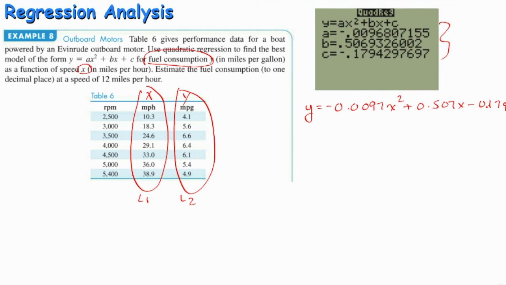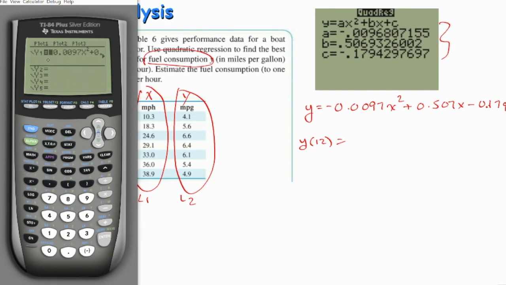Now it says estimate the fuel consumption to 1 decimal place at a speed of 12 miles per hour. So we're going to find y of 12. I've entered the quadratic equation into y1. I'm going to go to table set and tell the table I want to type in a specific independent value.